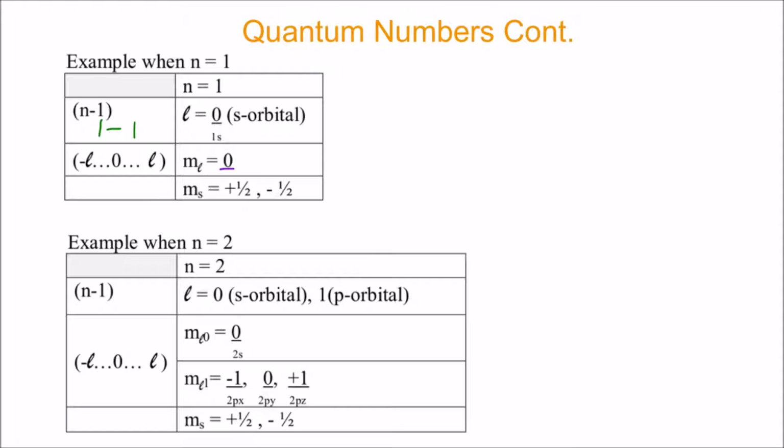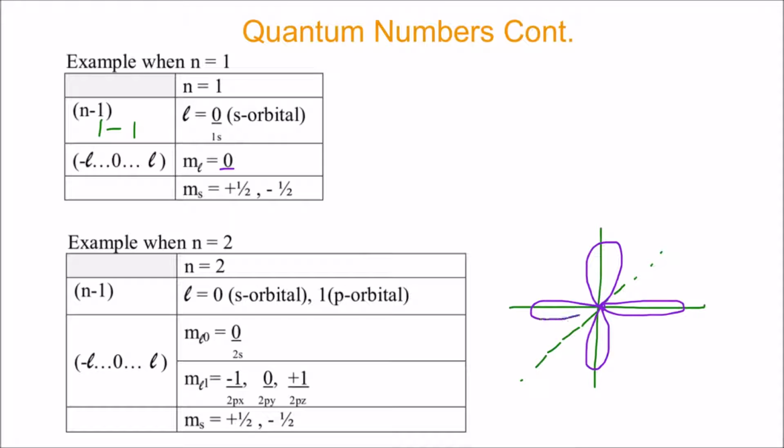So if we drew a Cartesian coordinate system, we might have a p orbital on the y, we'd have a p orbital on the x, and we could have a p orbital on the z axis. Okay, so that would be our 2px, 2py, 2pz.